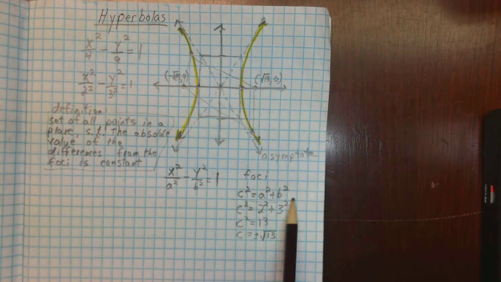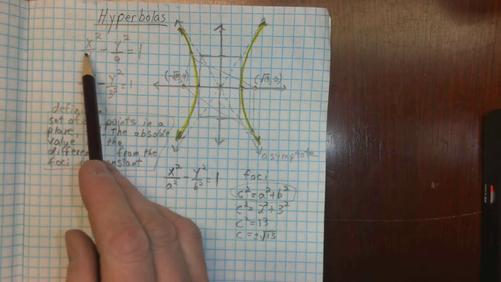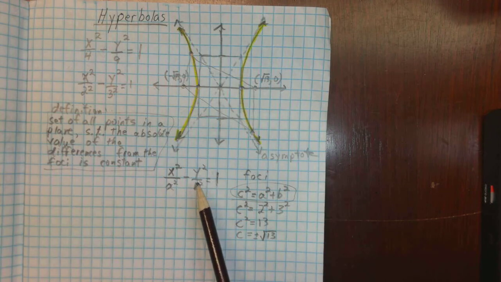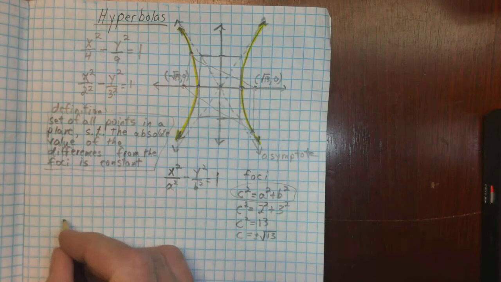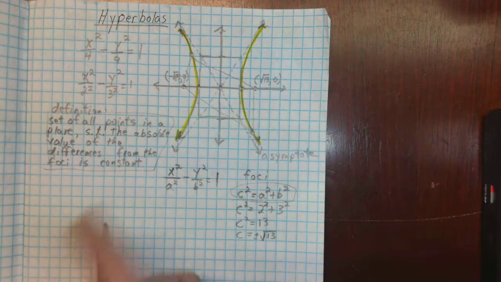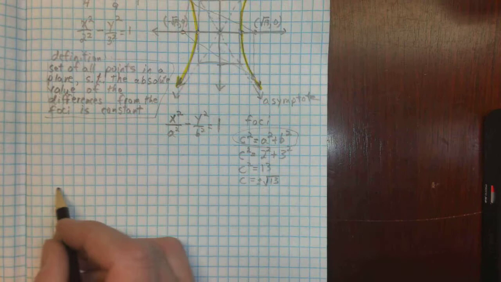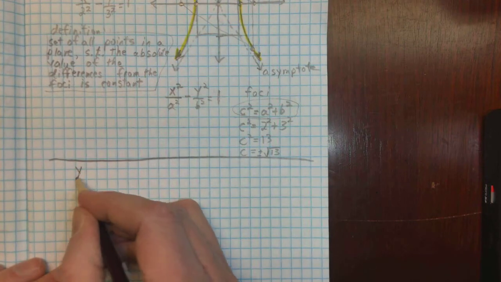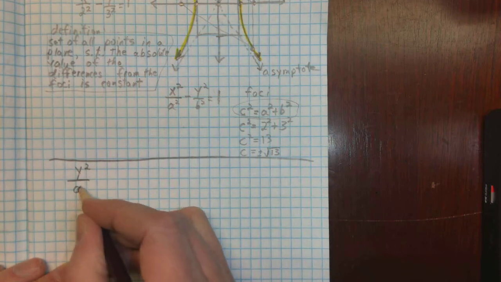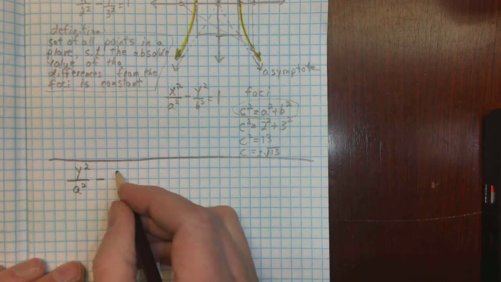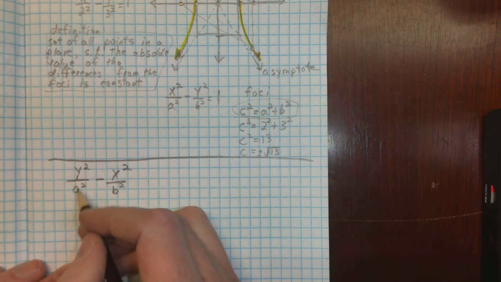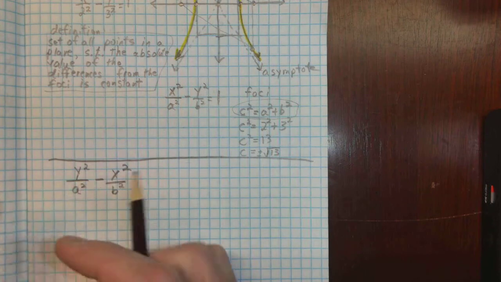This is how we find the foci. I've got the A under the X and I got the B under the Y. But if I were to rewrite it, so the curves are different, I'm going to keep the A under the first part, the positive variable.